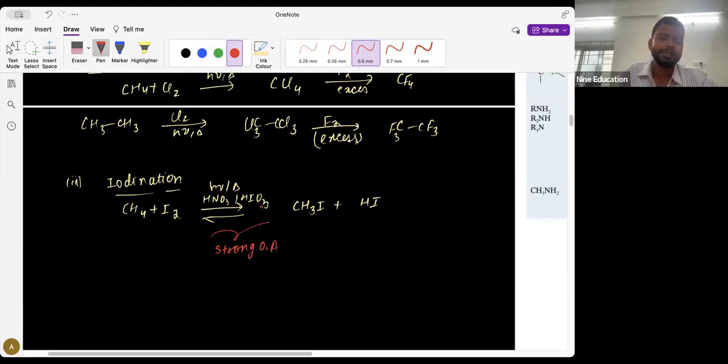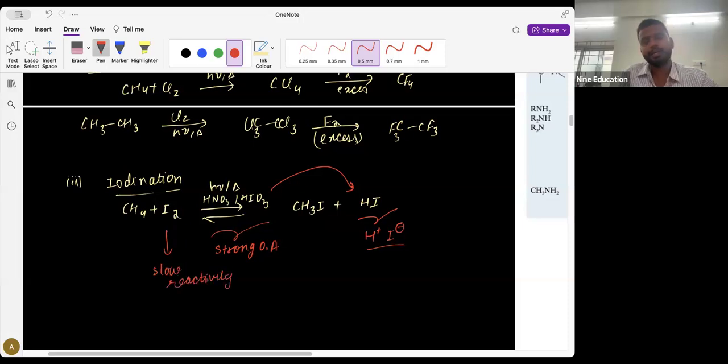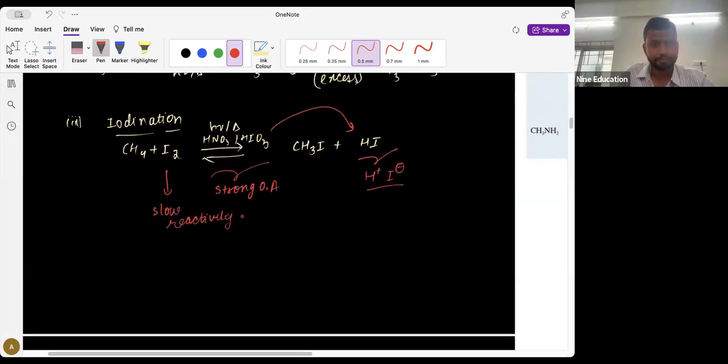So it oxidizes the HI back, the back reaction to CH4 and I2. It oxidizes HI, H positive and I negative, back to iodine, right? So this HI will be the problem. To remove it from here, we put a strong oxidizing agent, because iodination is a very slow process. This is the slow reactivity of iodination. So to increase the reactivity of this reaction, we add HNO3, nitric acid, and HIO3, iodic acid, in this reaction.